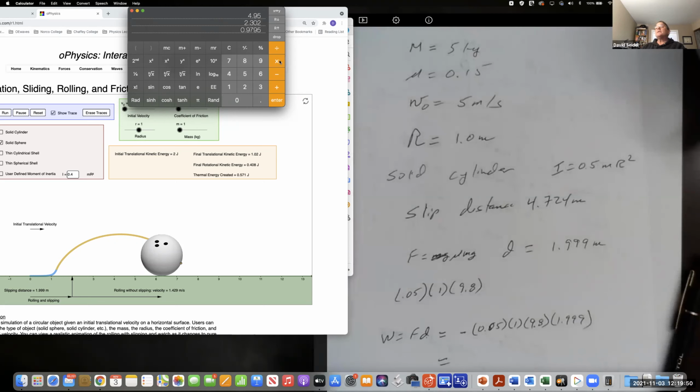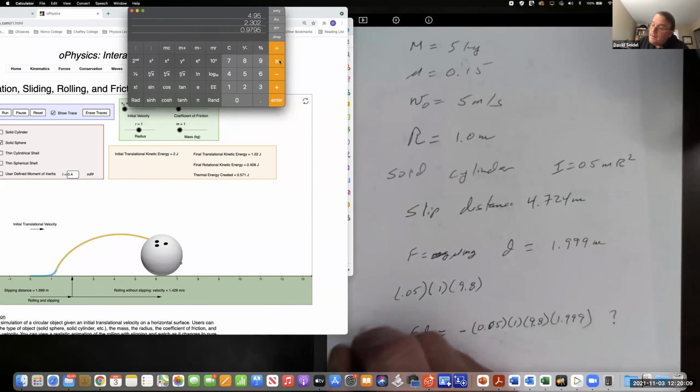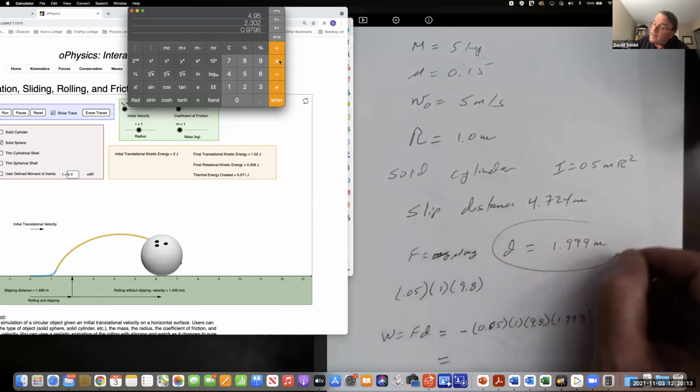But we were doing some rolling at the same time, so put a question mark. Part of this time we were doing rolling, so we weren't always doing that work. So I can't simply use this, because this is not correct.